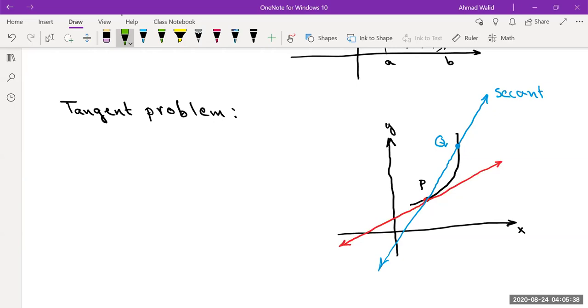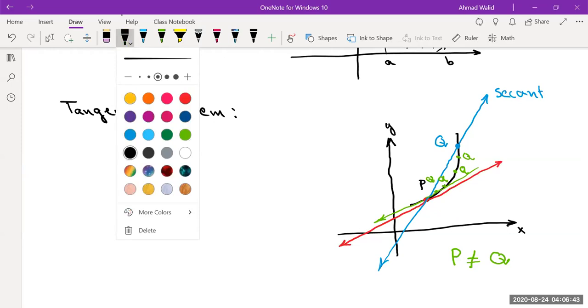The only way is to move point Q closer and closer and closer, very close to point P. And if I draw a line, this line is actually the same as the tangent line.